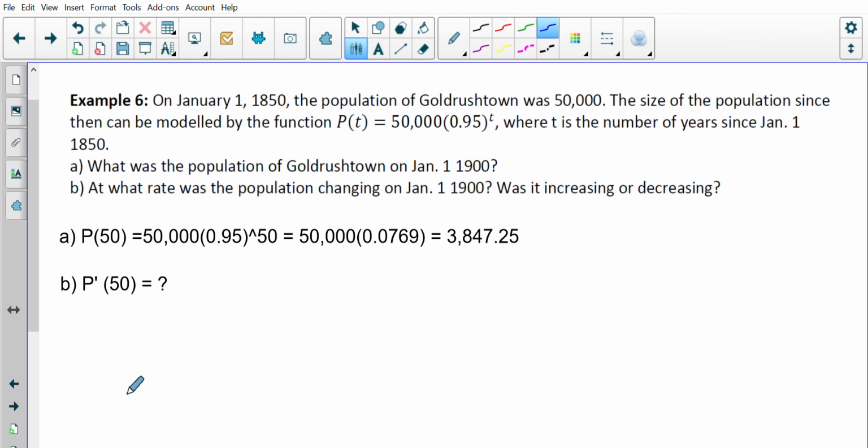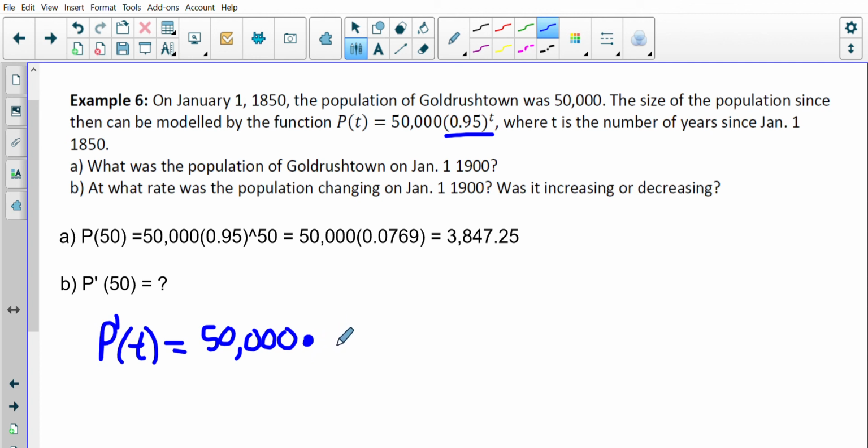Our derivative, P'(t), is equal to, well, I have the 50,000. That's a constant, so it's not going to change anything. Then I take the derivative of 0.95^t.